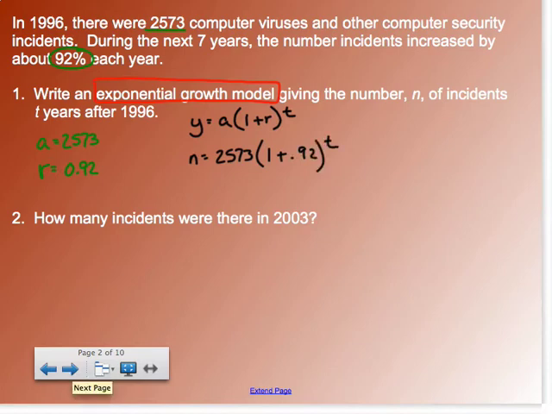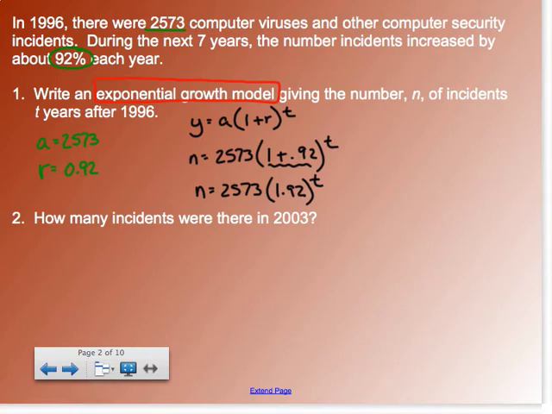Now you're more than welcome to leave it like this, but there is something easy to simplify, and that's the 1 plus 0.92. You might as well go ahead and do that. It's an easy calculation. So I think I have n equals 2,573 times the quantity 1.92 to the t. Now get out of your head right away that you can multiply the 2,573 times the 1.92, because remember your order of operations.